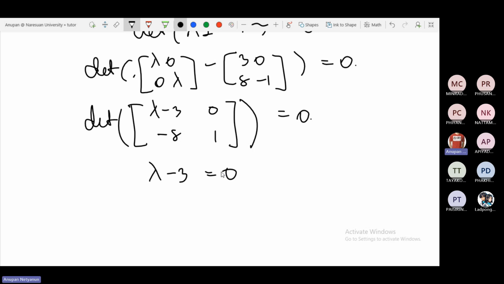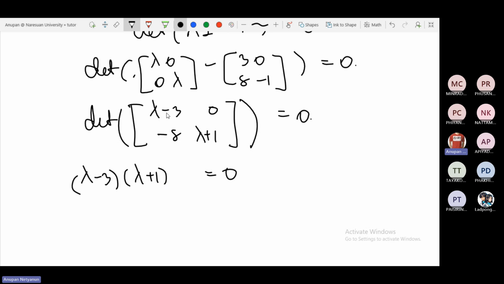Wait, is it wrong again? Yes, it's wrong, because lambda minus 1 becomes lambda plus 1. So on the left side is going to be lambda minus 3 times lambda plus 1.